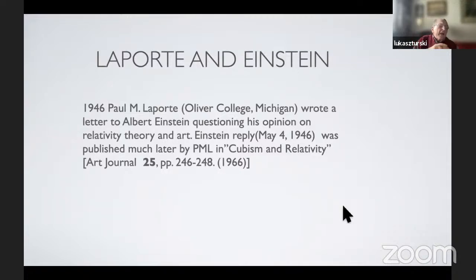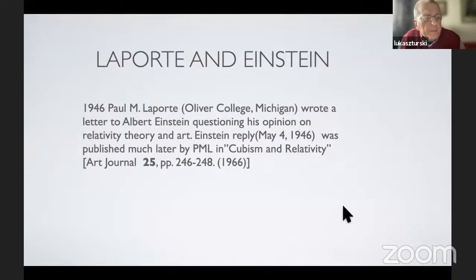This is a story which is related to what Albert Einstein was thinking about those trends in art, which claimed that they have been related to the relativity theory and mathematics.